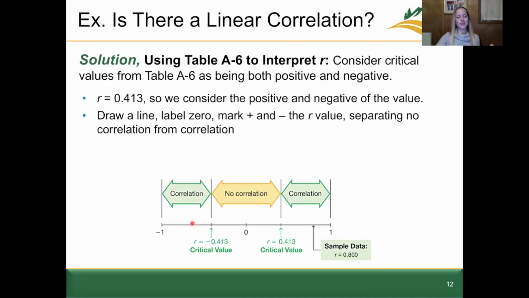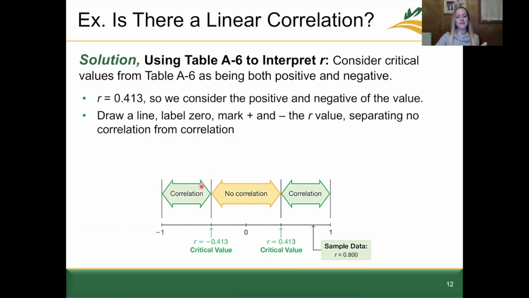So what this should look like, we have 0 here, then we have our negative form of our critical value, or -0.413.